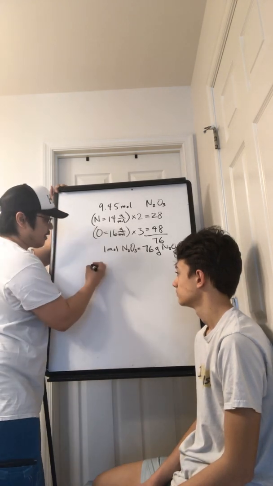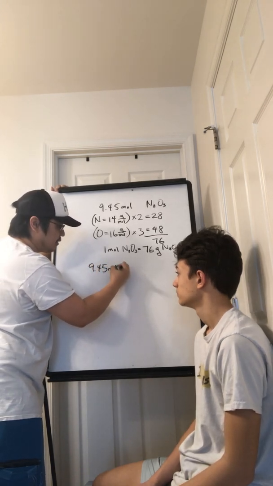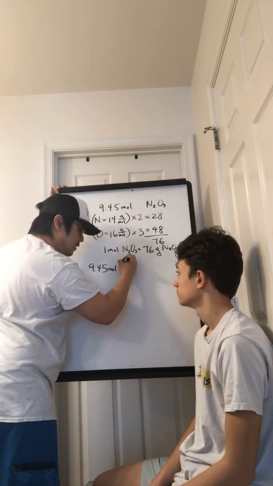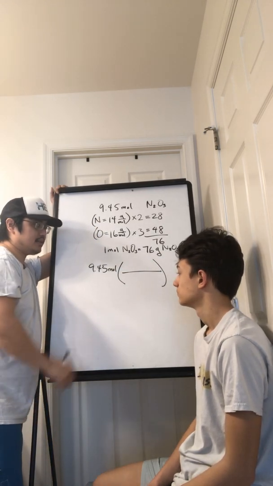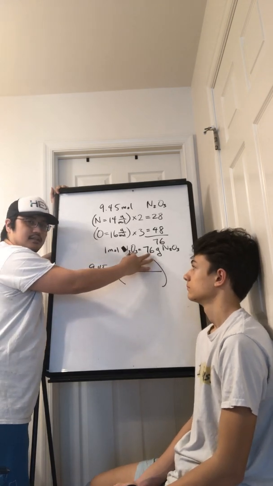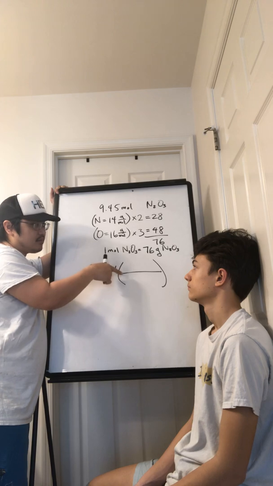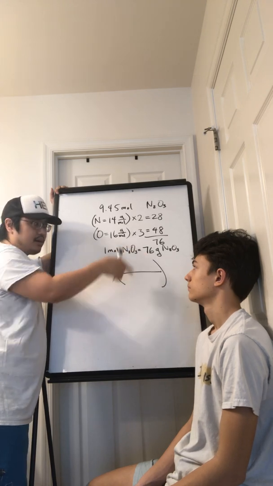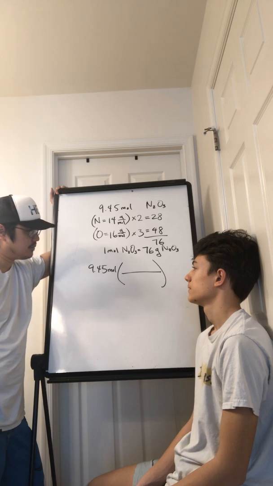So you start off with 9.45 moles of N2O3, and then we're going to multiply it by that fraction. Now, here's the question: is moles going to be on the bottom or on top? Is grams going to be on bottom or top? Moles is on the bottom because they cancel out.